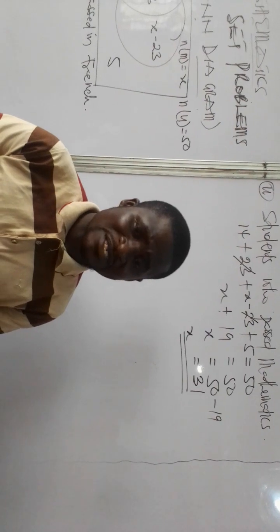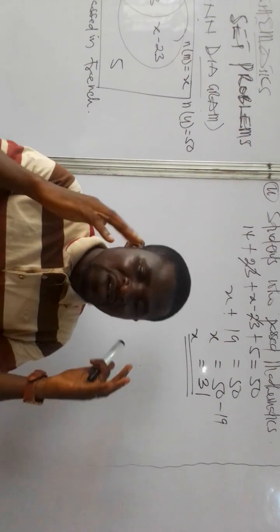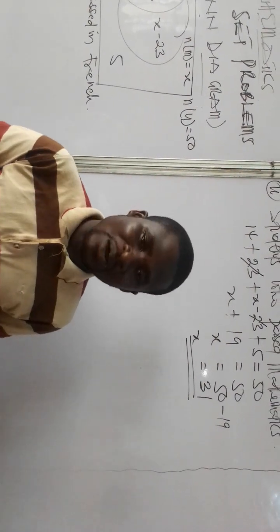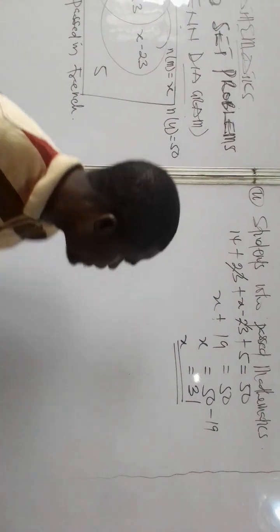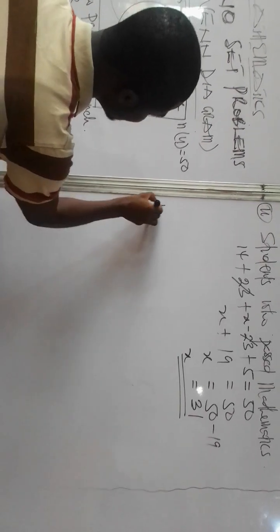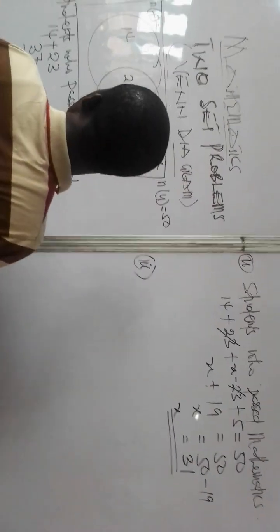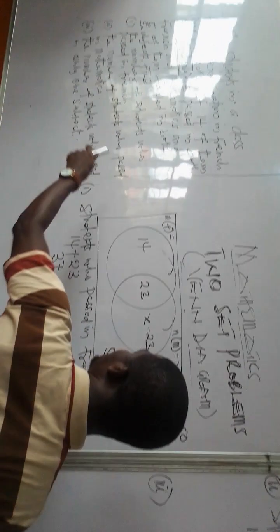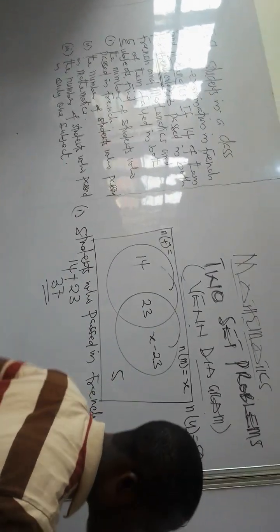Have you got all the steps? Good. If you have any question, please ask your question. I will answer you. Okay? Good. Now let's go to the next question, the third one. It says the number of students who passed in only one subject.